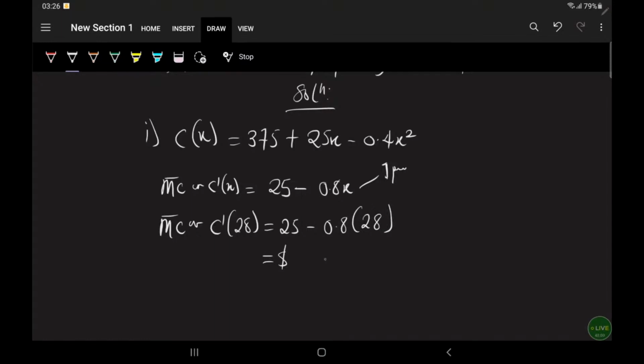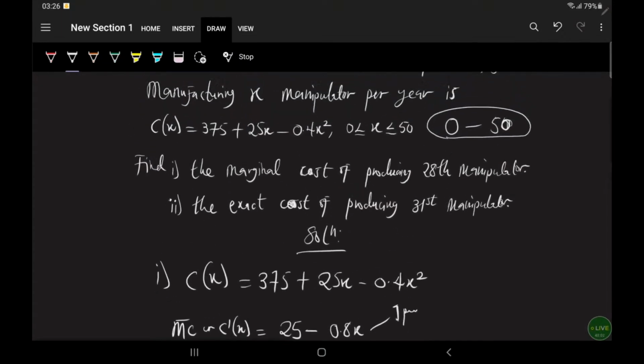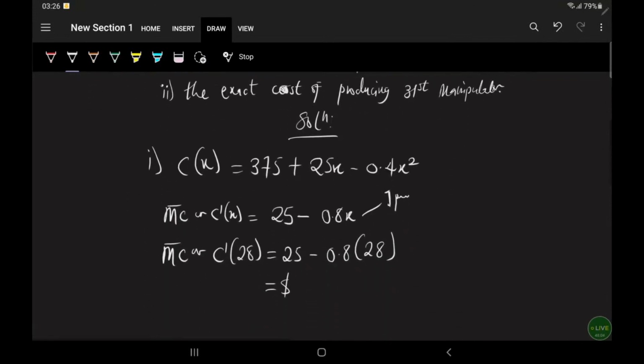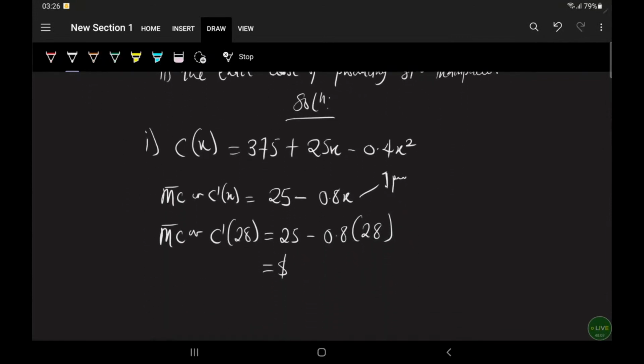Remember, we're operating in thousands of dollars. Is that okay? So just pick your calculator and then you'll get to know the marginal cost involved in this case. So let's see the marginal cost.